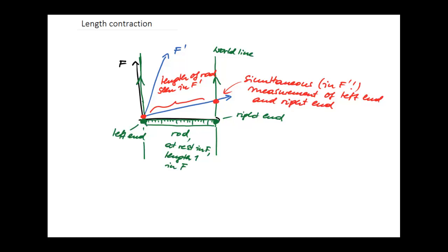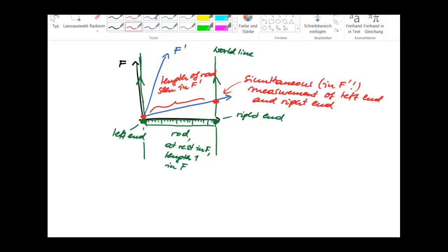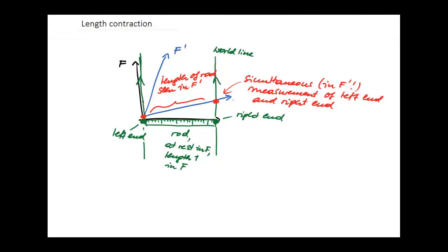But you see, this distance is shorter than the blue basis vector, this vector E1 prime. And therefore, it's less than 1 unit in f prime.